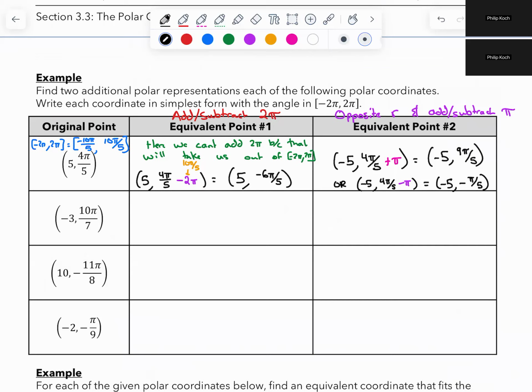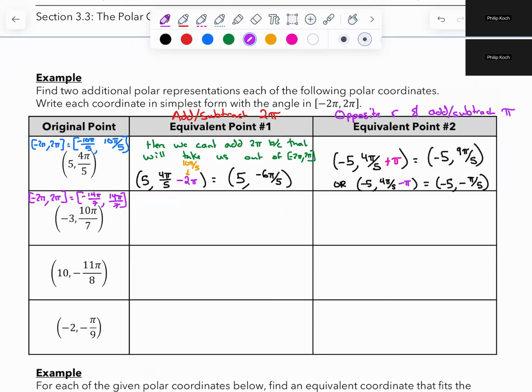So this one, negative 3 comma 10 pi over 7. Here, negative 2 pi to 2 pi will equal negative 14 pi over 7 to 14 pi over 7. Sorry, I know that's hard to write. As a reminder, I can't add 2 pi to this one, because as soon as I do that, I'll be adding 14 pi over 7, and that gets me to 24 pi over 7, outside of the range.